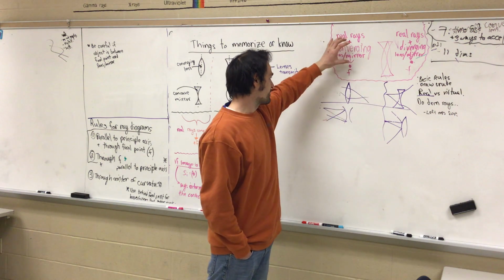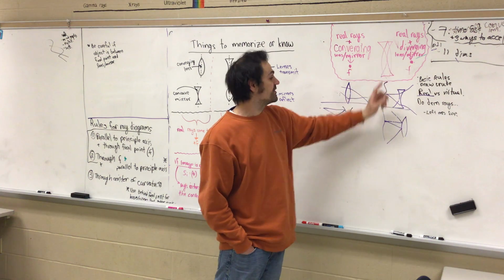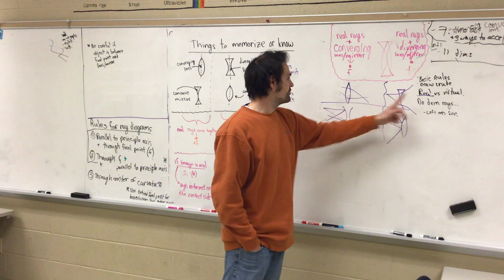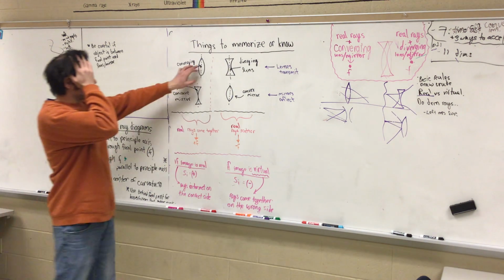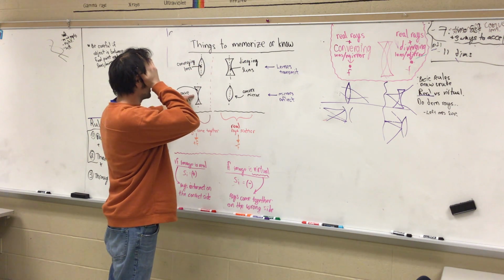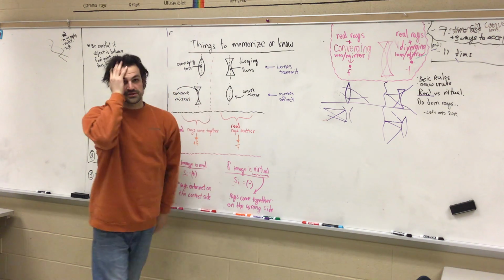If your real rays come together, you use the leftward focal point. If your real rays scatter, you use the right side focal point. So it doesn't matter which of these four you're doing. Since these are coming together, you're going to use the focal point on the left. And since these scatter, you're going to use the focal point on the right.